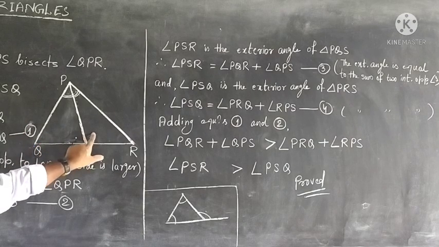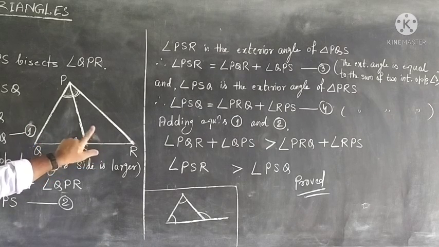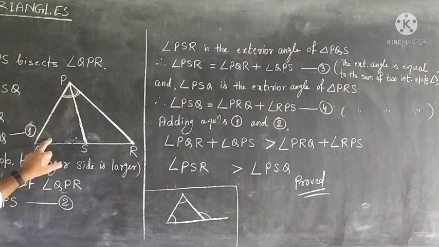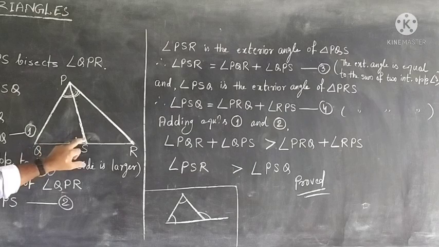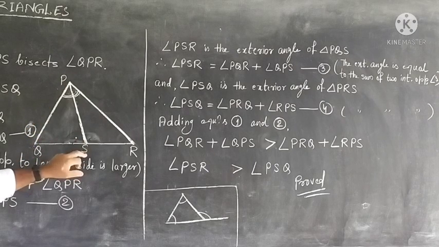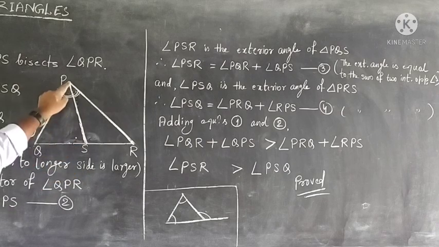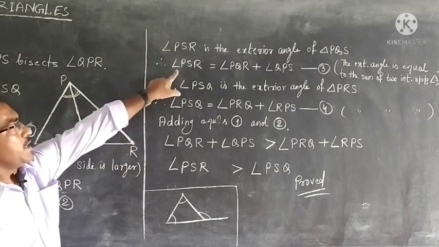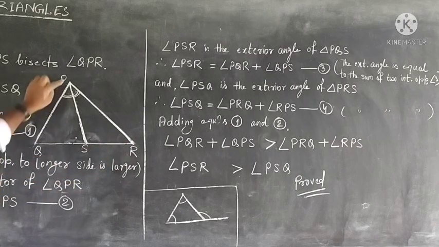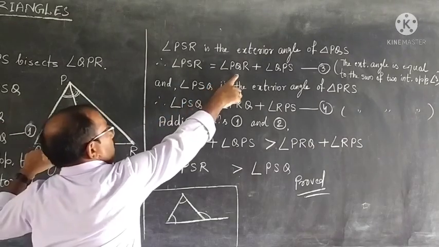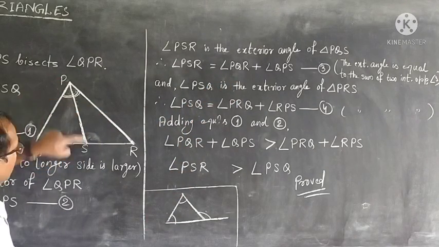If we have taken this exterior angle, the two interior opposite angles will be at P and Q. We will use the full names, QPS and PQS. Angle PSR, the exterior angle, is equal to PQR, which is the same angle as PQS, plus QPS.